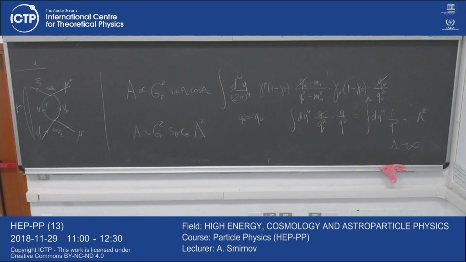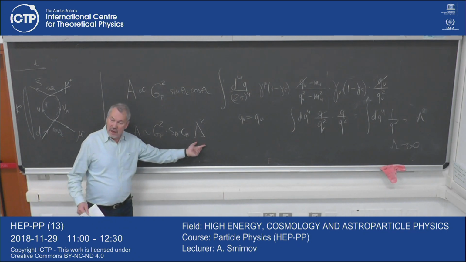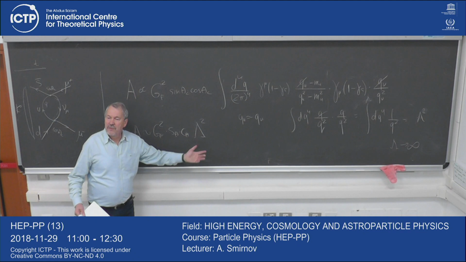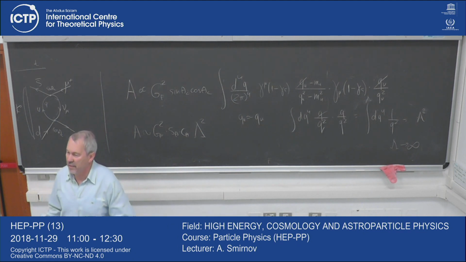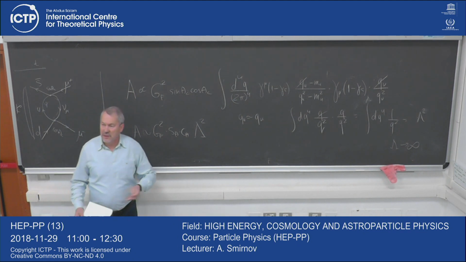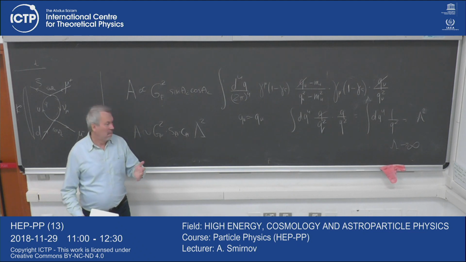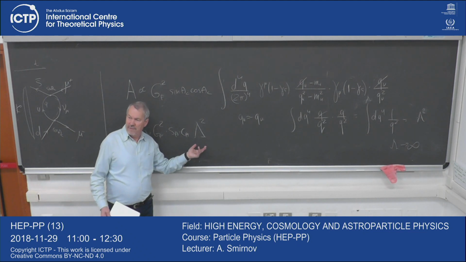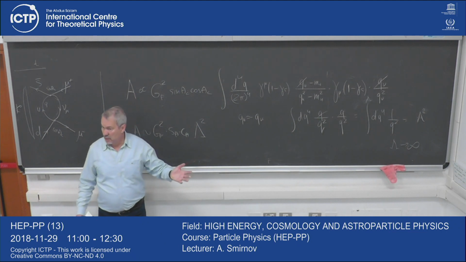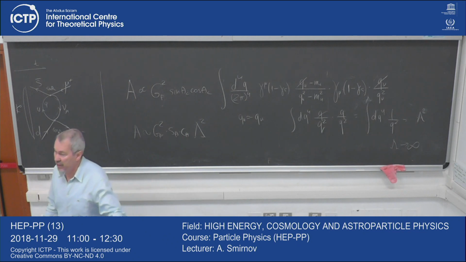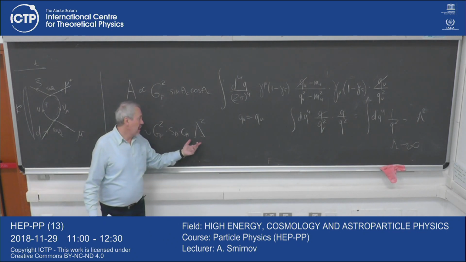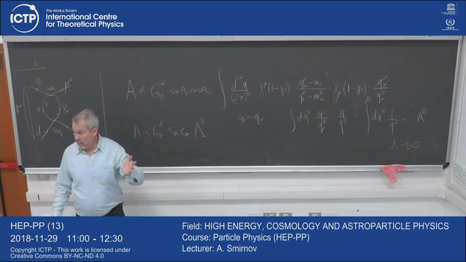Now what is this cutoff? Again, I'm kind of giving you elements of quantum field theory also. That's beyond my course. But anyway, in principle, if you have constructed a consistent theory, this consistent theory should somehow reproduce a kind of cutoff. Usually it is because you introduce some new particles to make the theory consistent. And then this lambda is of the order of the mass of some new particle.